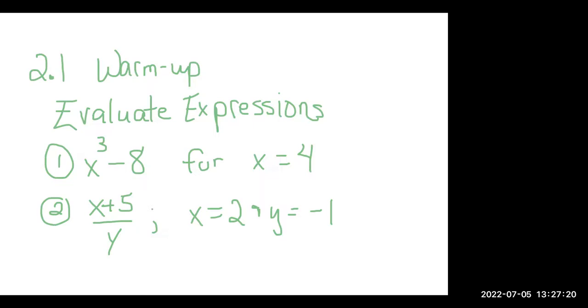1, 2, and 3. Plus 3 again, x squared minus 2y plus z. Sometimes with these, we end up with fractions and things.